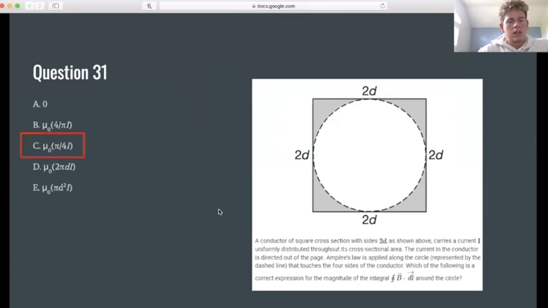We're thinking of the ratio of the cutout part to the top part. We know that the integral of B dot dl is Ampere's law, which is mu naught I, and then the I will be the circular part over the square part, which is kind of a conceptual thing, but it's easy to mess up.